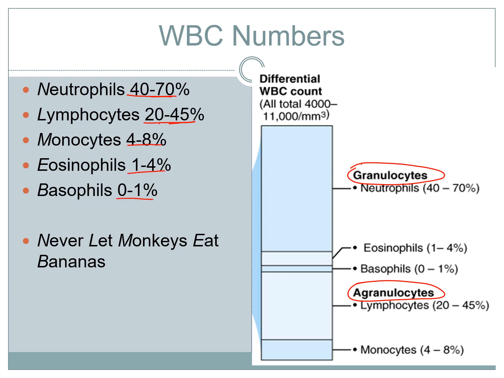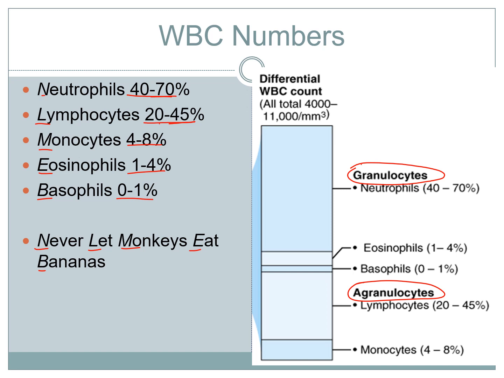The reason that's important to know is when you're looking at a white blood cell screen, you should also know what the normal values are and what's supposed to be higher within the body. Now, a little acronym that they throw out there for you to remember the order in which is most prevalent is never let monkeys eat bananas. Obviously standing for neutrophils, lymphocytes, monocytes, eosinophils, basophils, as you go down.